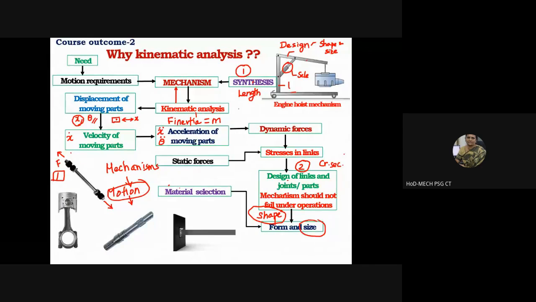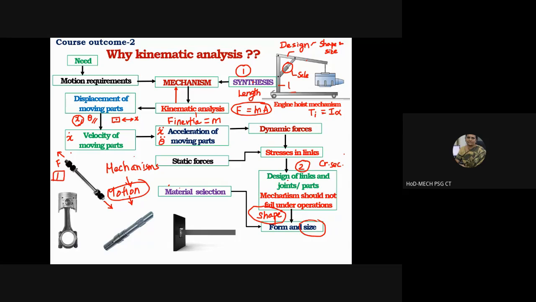F equal to M into A. If it is a linearly moving body, this is the force acting on it. For a body undergoing circular motion, the counterpart will be inertia torque equal to I into alpha. M is the mass, I is the mass moment of inertia, A is the linear acceleration, and the counterpart in angular motion will be angular acceleration.